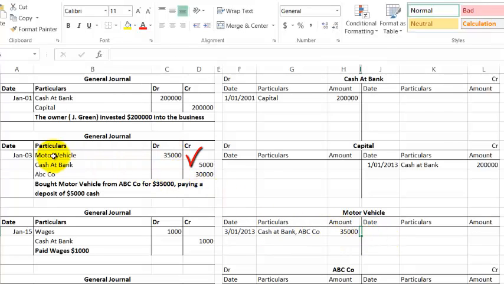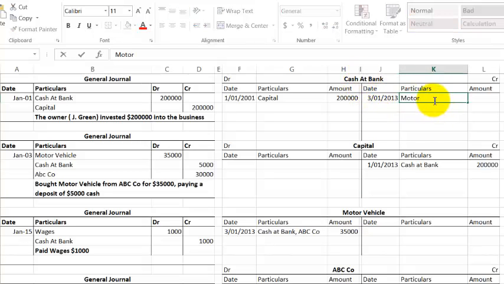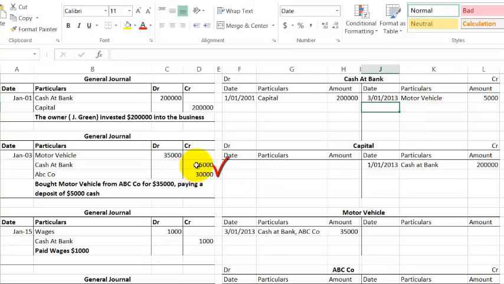So this one's now ticked. Motor vehicle debit $35,000. The cash at bank account had a credit to it for $5,000. Let's put that in. So go to the cash at bank account on the 3rd of January. We spent some money on the motor vehicle, so that's the cross-reference in this instance, and that amount was for $5,000. So I've done that one now.